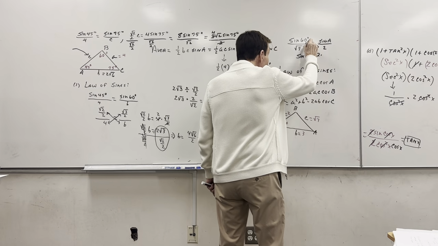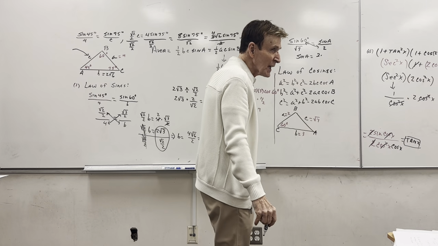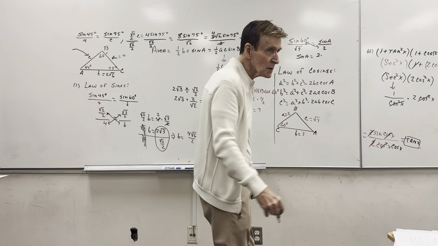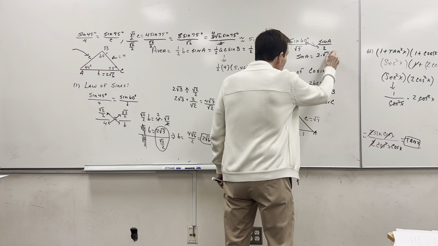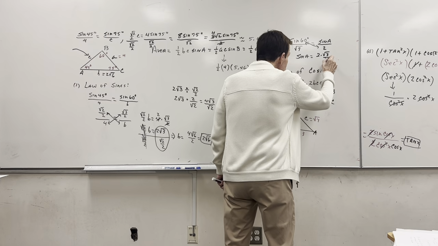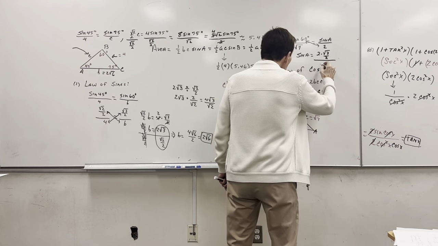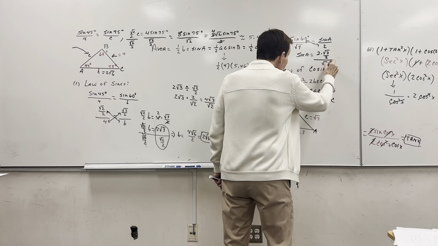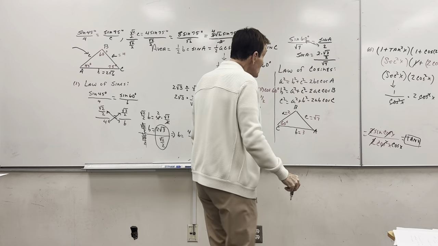And sine 60 is what? Radical 3 over 2, I think. Of course, that's all over radical 7.